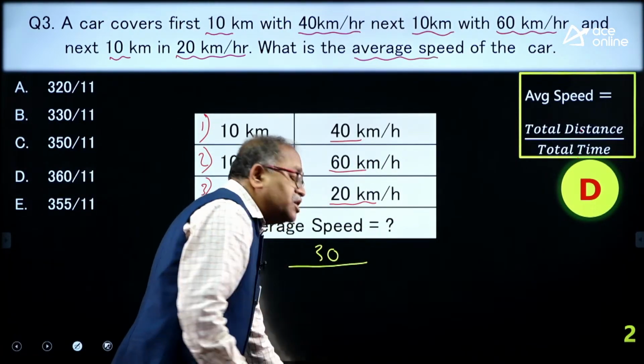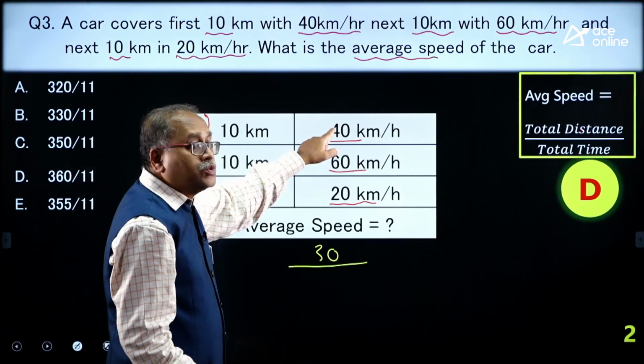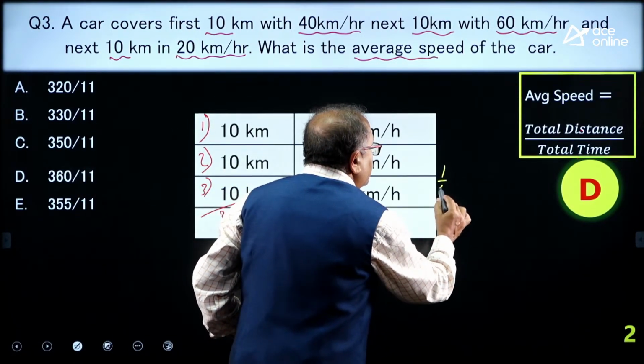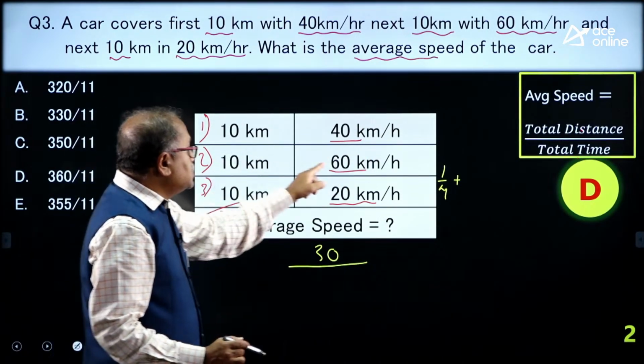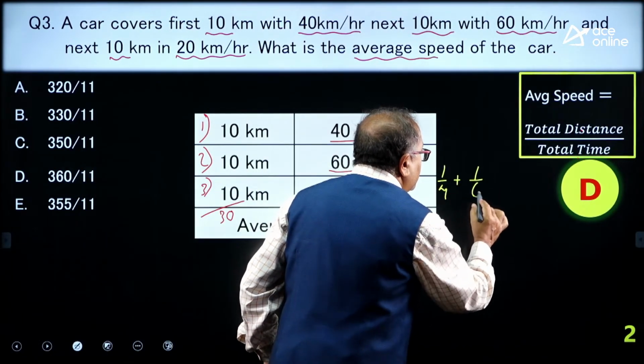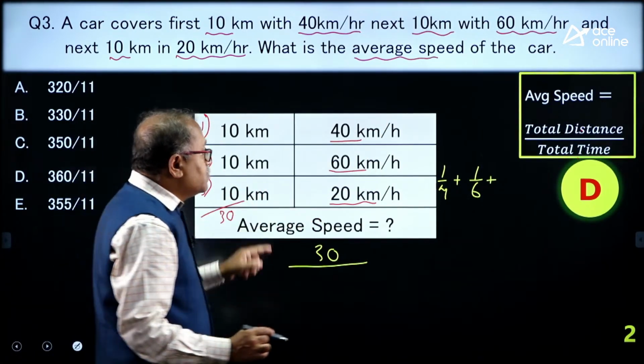So, what is my total time? What is the time over here in the first case? The distance by speed, that comes 1 by 4, plus what is the time over here? That is distance by speed 1 by 6, you can do the rough calculation, and the time over here is 1 by 2.